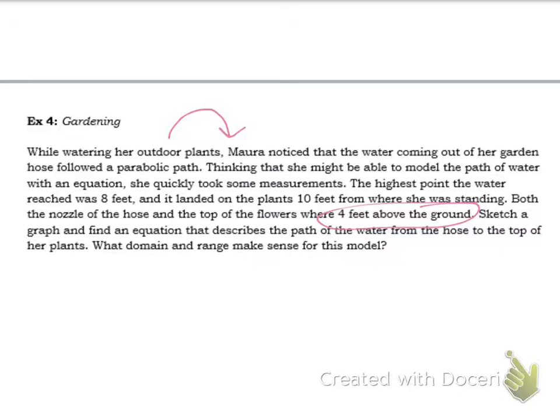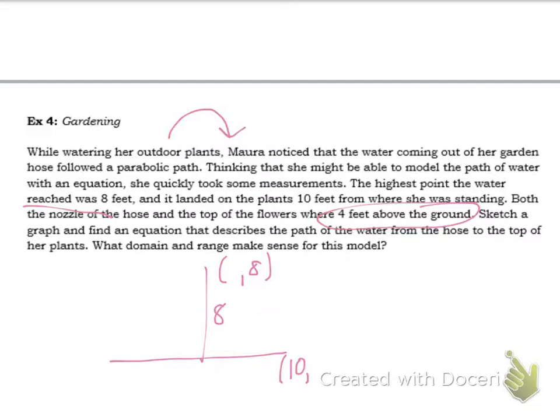Okay, so it says the highest point of the water was 8 feet, so I know that y value is going to be 8. It landed on the plants 10 feet from where she was standing. So from 0 to 10, I know this is 10 feet.